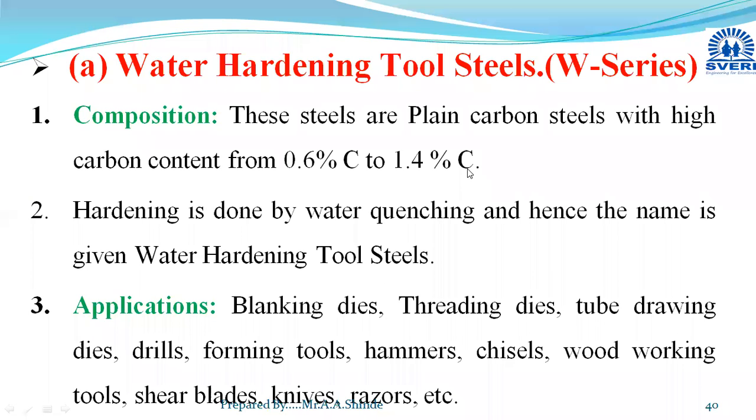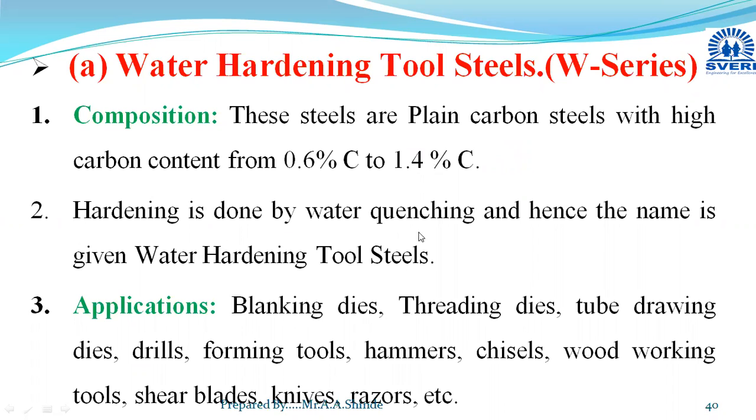And if in your application you require higher wear resistance or very good cutting ability, at that time you should go for a high carbon percentage with a small amount of other alloying elements. So these kinds of changes may be done depending on your need or your applications in these water hardening tool steels.